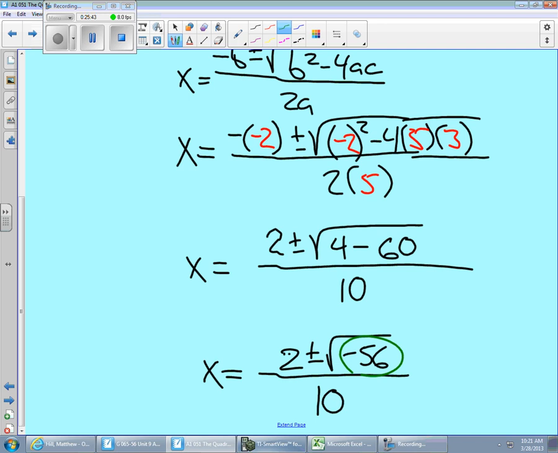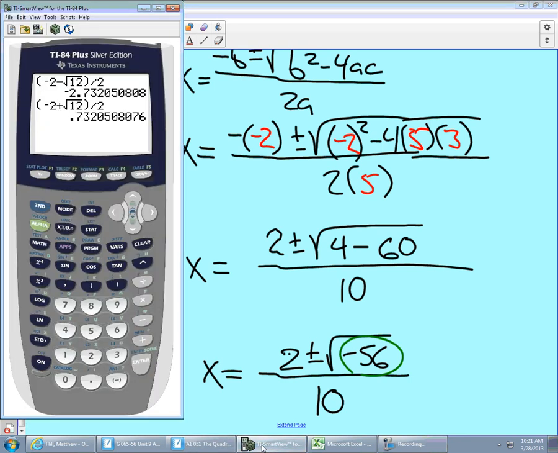Okay. Now let me show you what your calculator is going to do if you ever happen to bump into this. We're going to do the same thing we did just a moment ago. We're going to type this thing up. 2 minus the square root of negative 56. That's in the numerator. Actually, I meant to put in a parenthesis in the front, so I'm going to insert a parenthesis there.